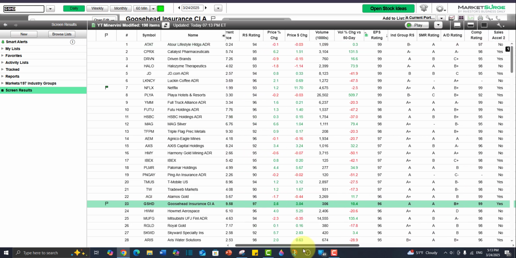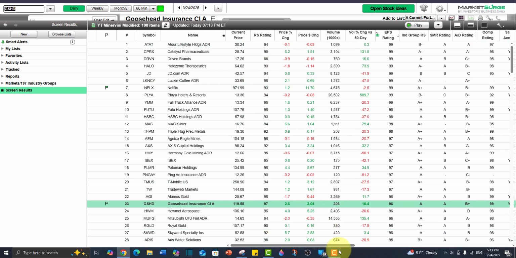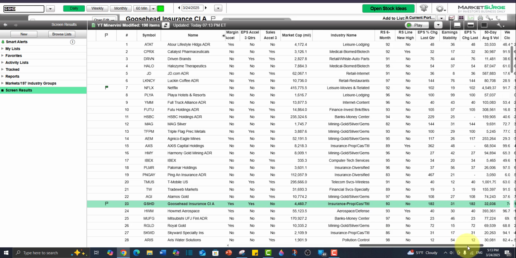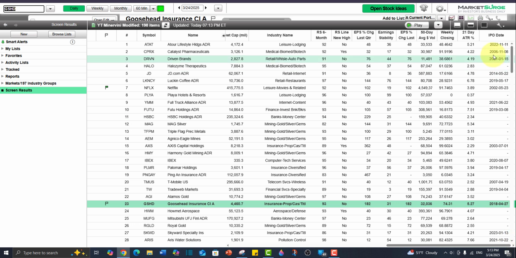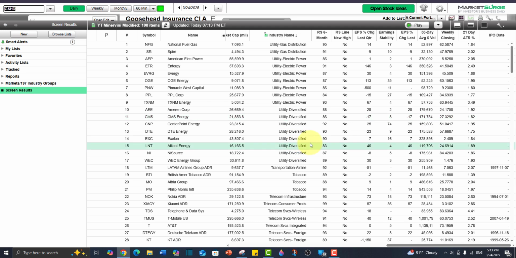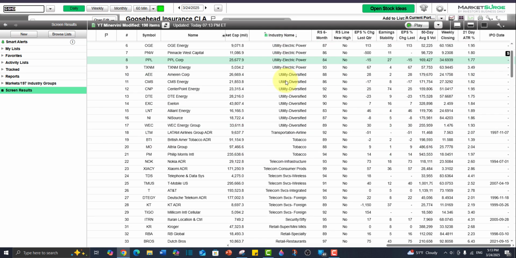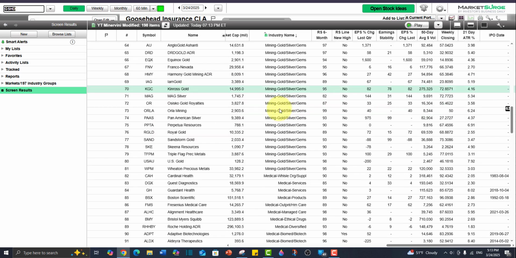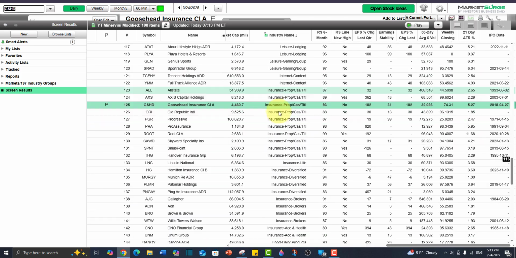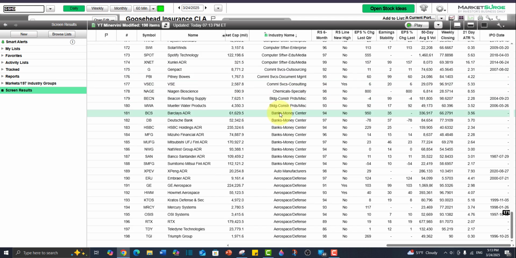I know it's on here. Relative strength. Earnings stability. There's all sorts of different ones. IPO date. Industry. We could lump the industries together. What's on here? Utilities, telecom, retail, oil and gas, mining, medical, insurance, a little of everything. That's good to see. Aerospace is hot right now too.